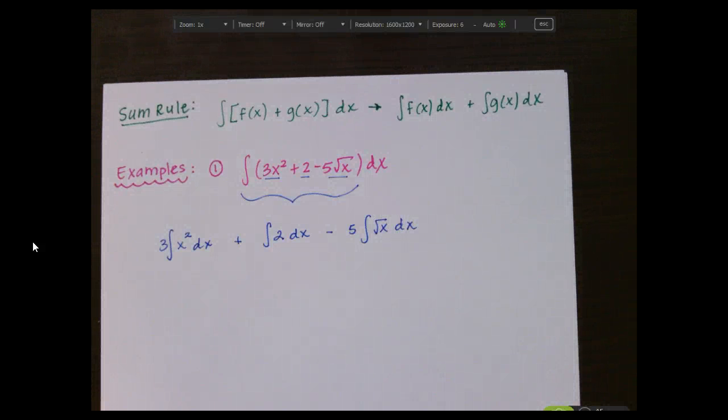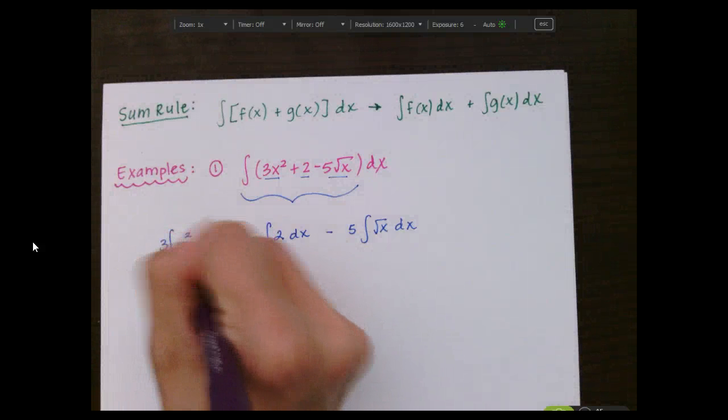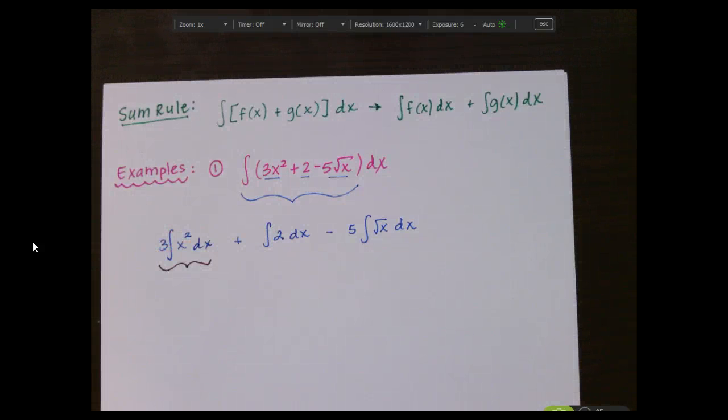Now this is something that I would typically do in my head and not actually write out every step. But as you're practicing these, you really have to earn the right to be able to do this in your head. You've got to write all the steps down until you're really comfortable and feel like you can shortcut a little bit. So if I integrate this particular piece, I can use the power rule.